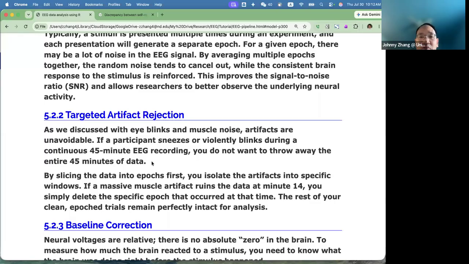So in this case, if we have 50 trials, we have 50 epochs, and we don't need to remove the whole 50 epochs. Maybe 40 of them are good epochs, and only 10 need to be removed. So we can still keep partial information for a given participant and for a given channel.